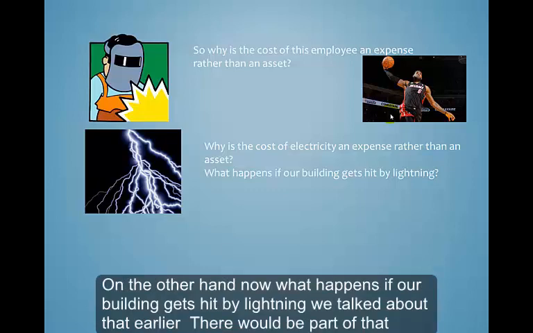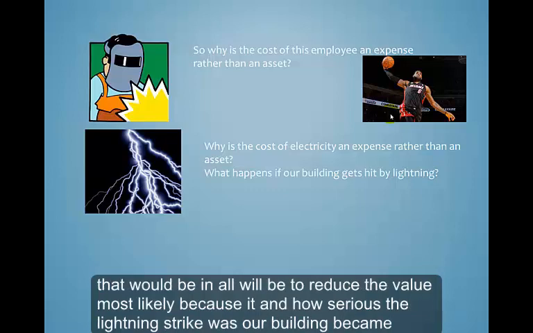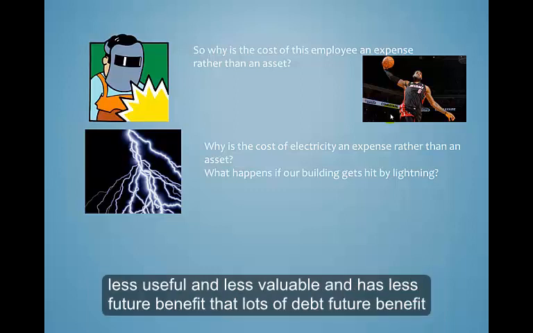On the other hand, what happens if our building gets hit by lightning? And we talked about that a little bit earlier. Part of that would most likely be reduced in value, because depending on how serious the lightning strike was, our building became less useful and less valuable and has less future benefit.